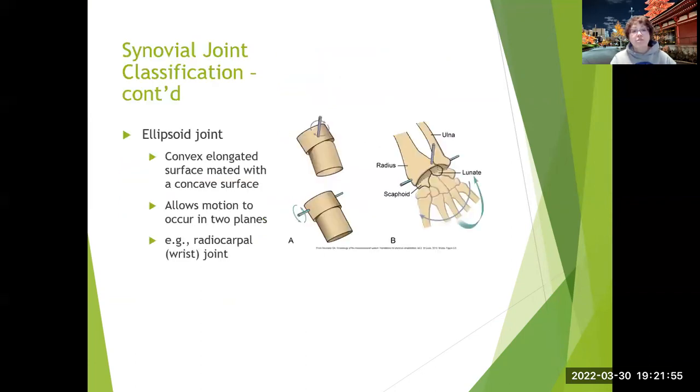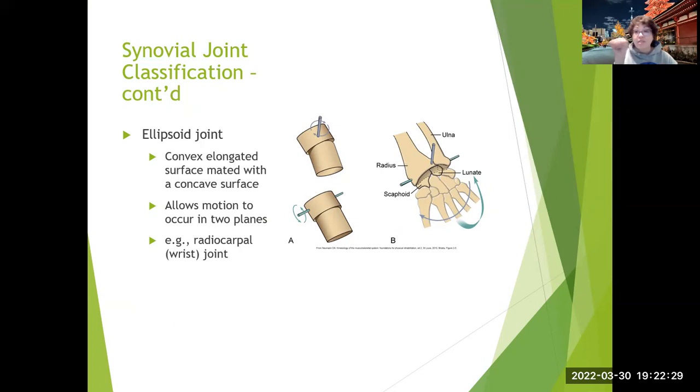An ellipsoid joint is a convex, elongated surface mated with a concave surface. So it allows motions to occur in 2 planes. The wrist joint, or the radiocarpal joint, is a very good example of this. So the carpals form the convex surface, and the end of the radius is a concave surface.